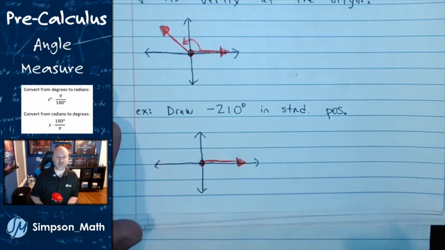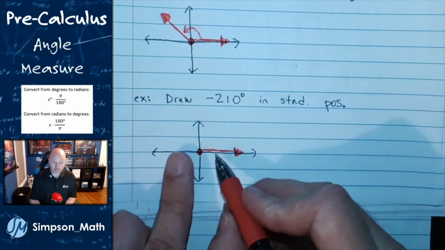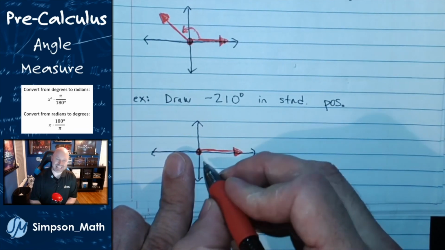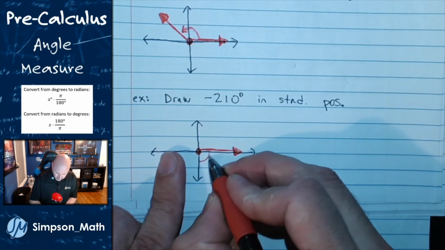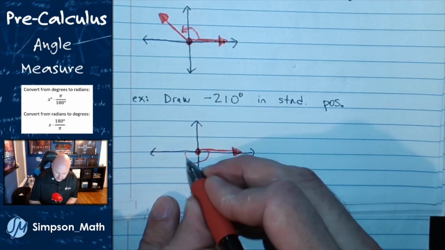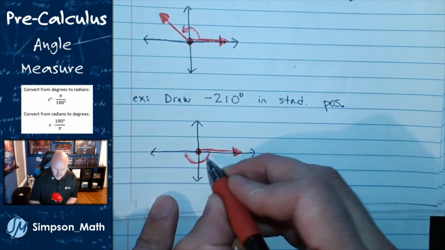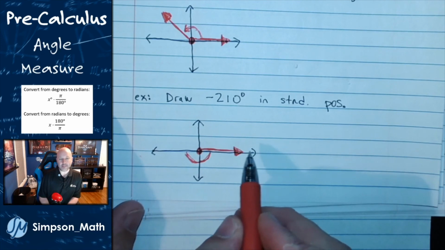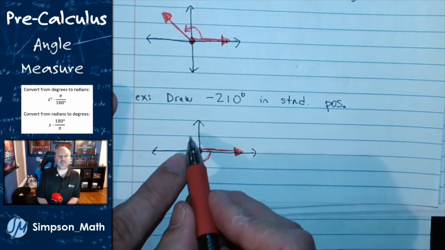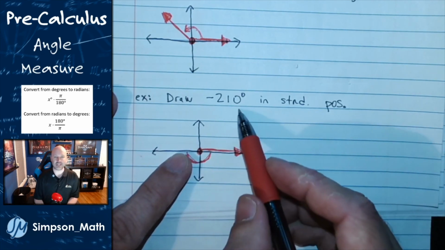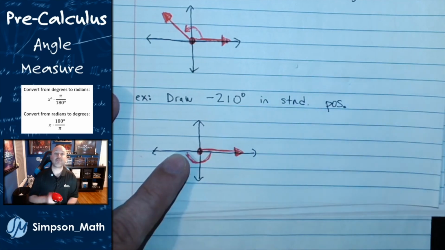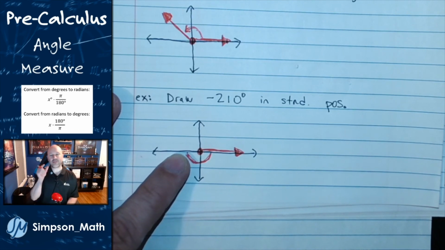Okay, well I need to go 210. Well, what's that? I know this forms a right angle, or is 90 degrees. Another 90 degrees is 180. I'm almost there. The angle measure of a straight line is 180. Now I just need 30 more degrees to get to 210. Right now I have a negative 180 degrees. Oh, 30 degrees we talked about earlier. Every 30 degrees is 1 hour on the clock.